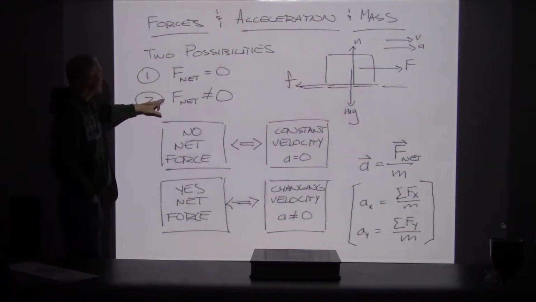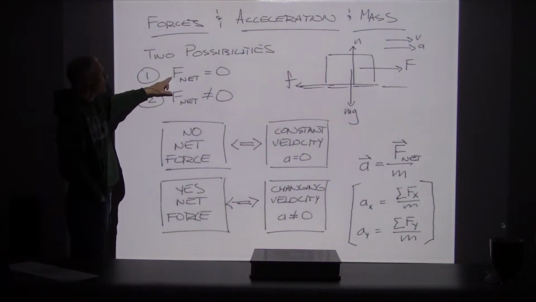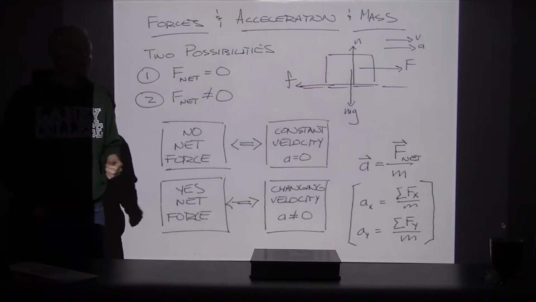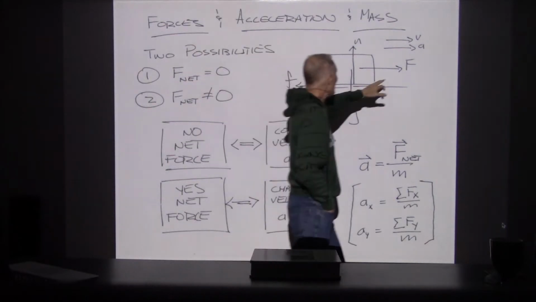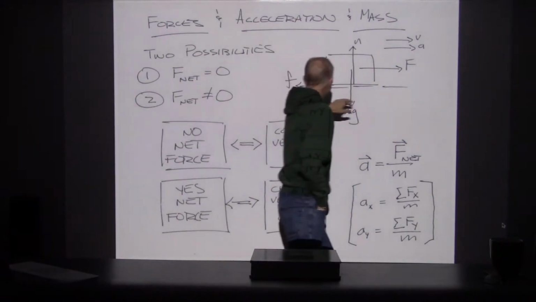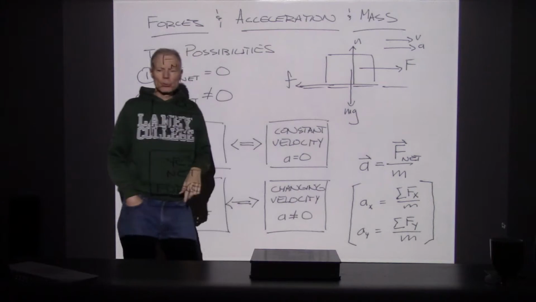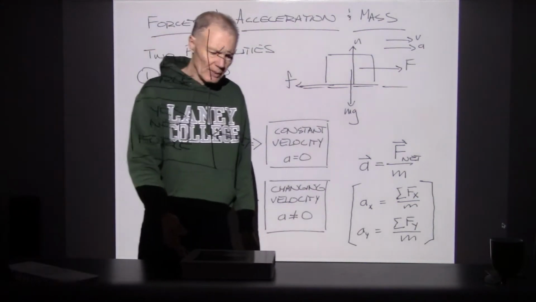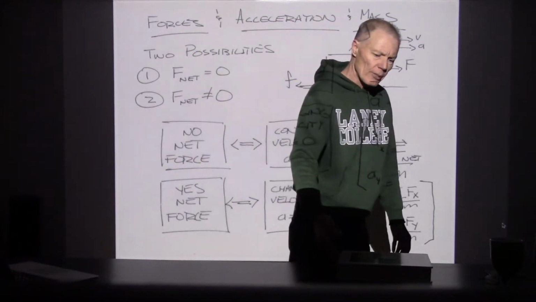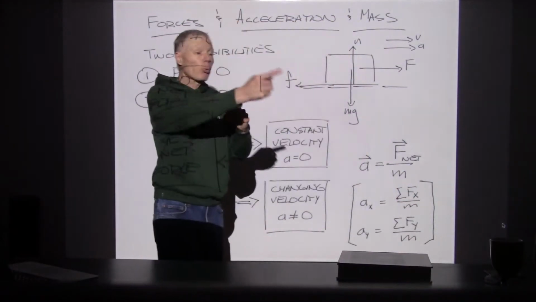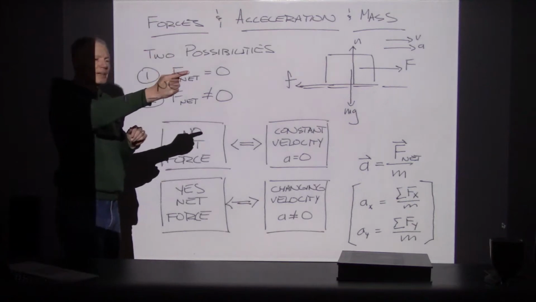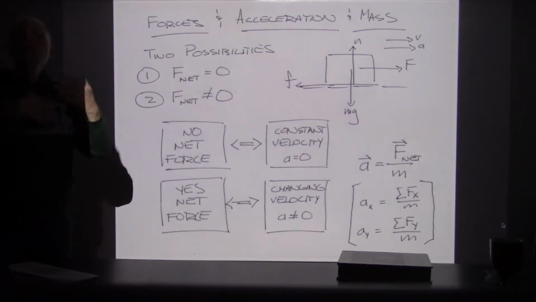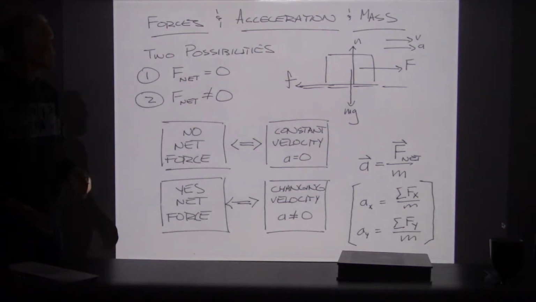And there's two possibilities. One possibility is that the F net is 0. And by F net 0, we mean that I'm pushing just enough to offset the frictional forces. So if I push just enough to offset friction, then if there's 20 newtons of force in this direction and 20 newtons of force in the other direction, those forces will cancel out.